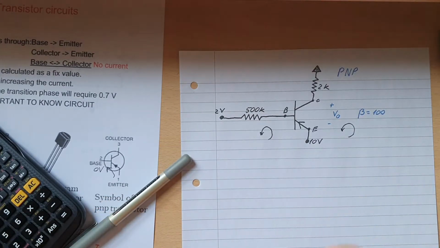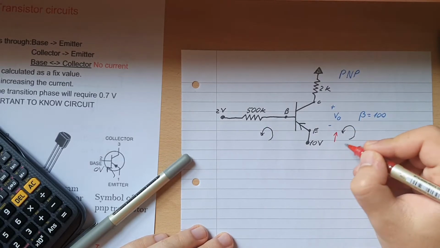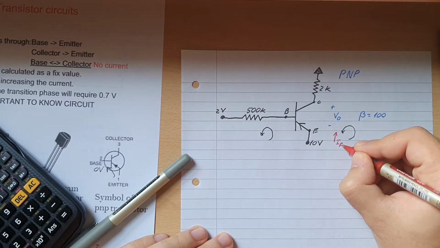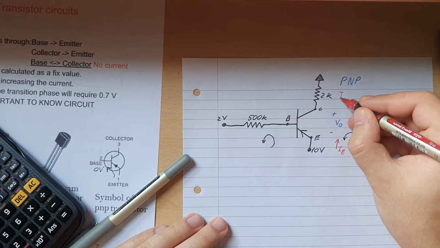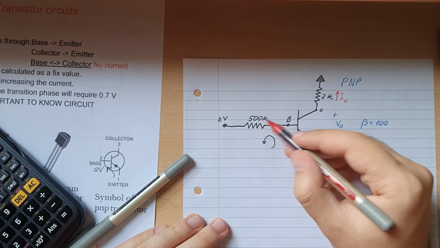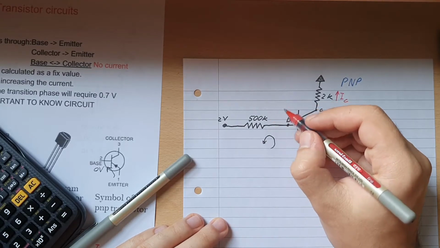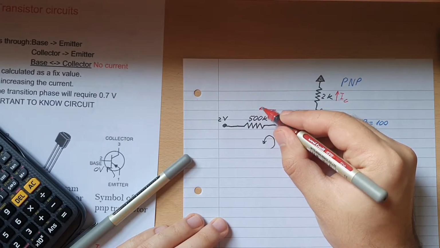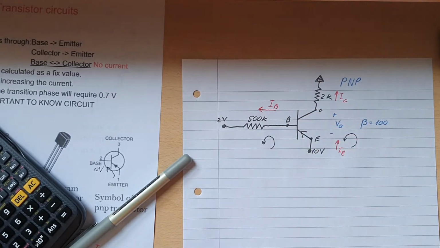The way this is supposed to work is that IE, the current, is supposed to go upwards, and it will flow through here, going to the collector through IC. Now IB doesn't go in anymore because it activates when it's 0 volts going through here, so it will go outwards instead, and that will be the IB.